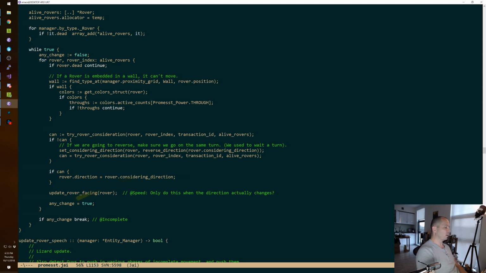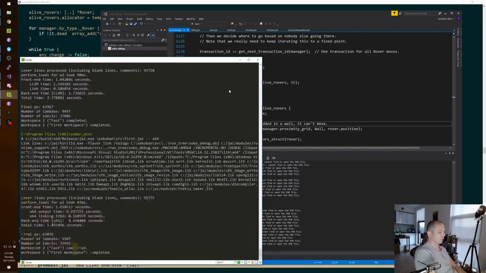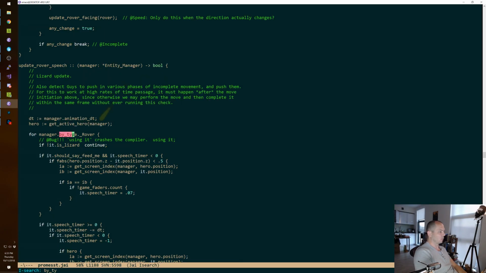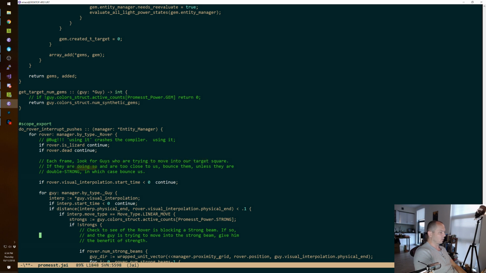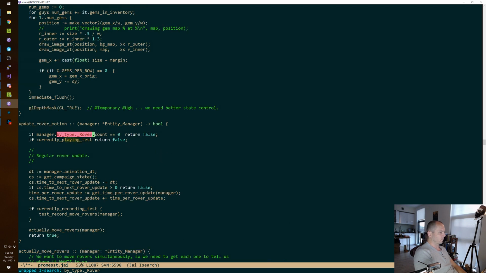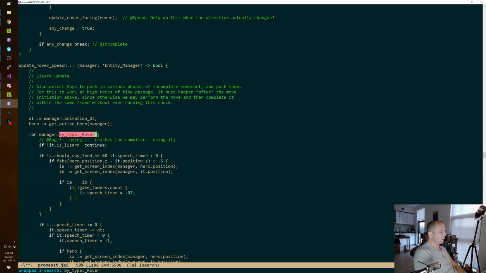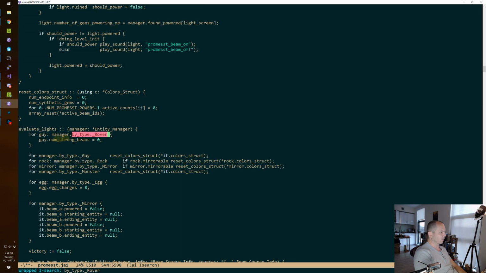So we're just filtering the dead guys out before we do anything. We may not need to do this interrupt pushes thing anymore.